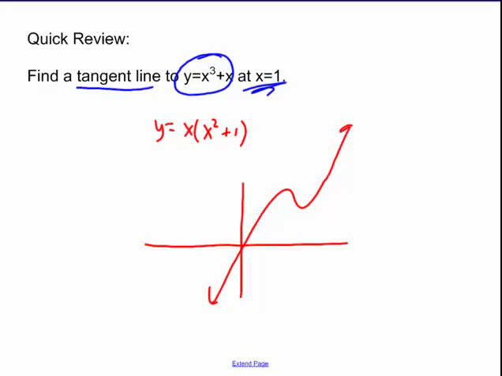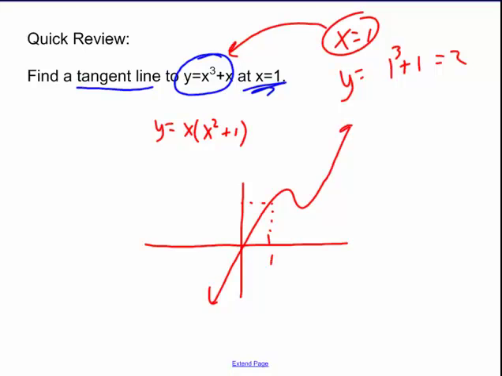And at x equals 1, we need to find y. Well, y would be 1 cubed plus 1, plugging it into my equation, is 2. So at 1, it corresponds to 2.